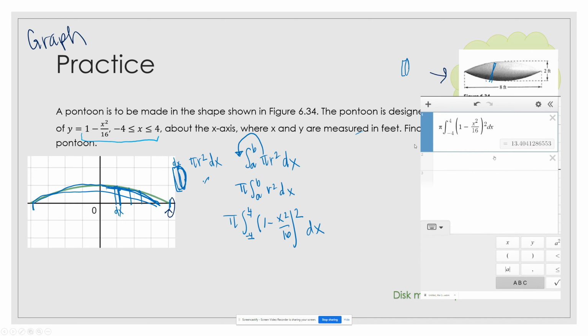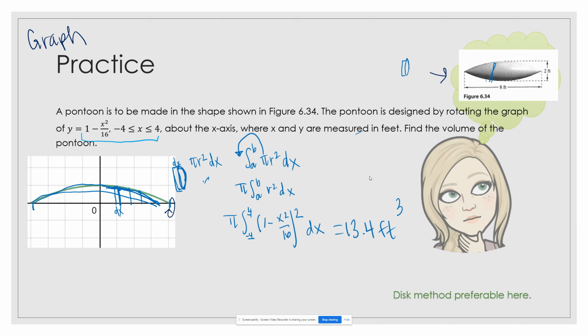But because this is an actual volume measured in feet, I'm going to put the pi in there and I'm just going to round it. I'm going to round it to 13.4 feet cubed. So our actual answer here is 13.4 feet cubed.